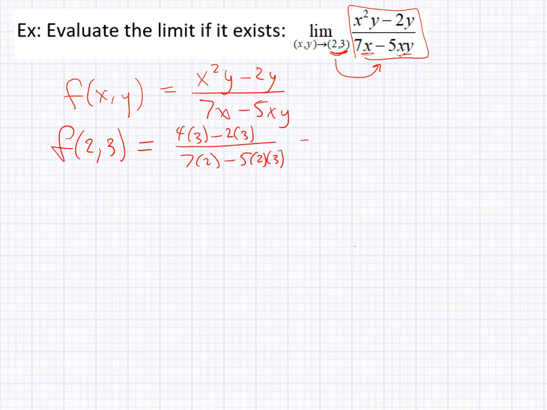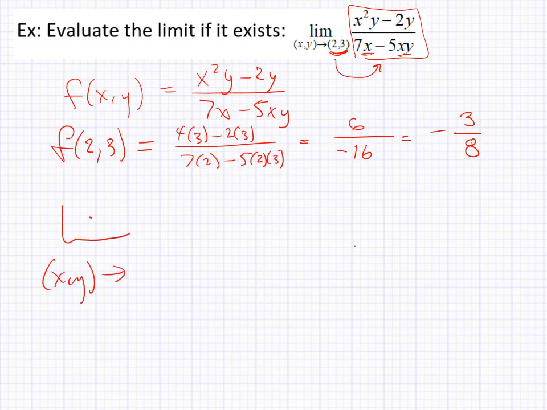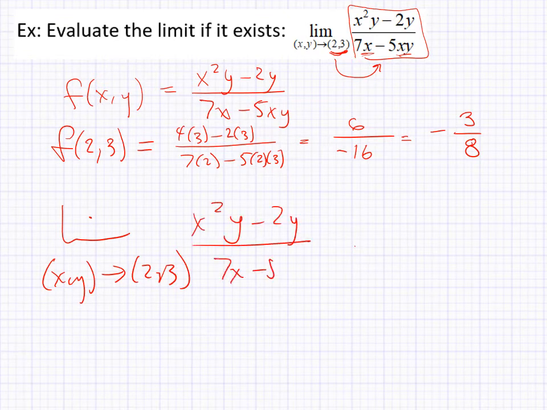And whatever I get out of that, which would be 12 minus 6 is 6, over 14 minus 30, so that's negative 16. Simplify, you're going to get negative 3/8. So the limit as (x,y) approaches (2, 3) for this function (x squared y minus 2y) over (7x minus 5xy) is just negative 3/8. It's as simple as plugging in.